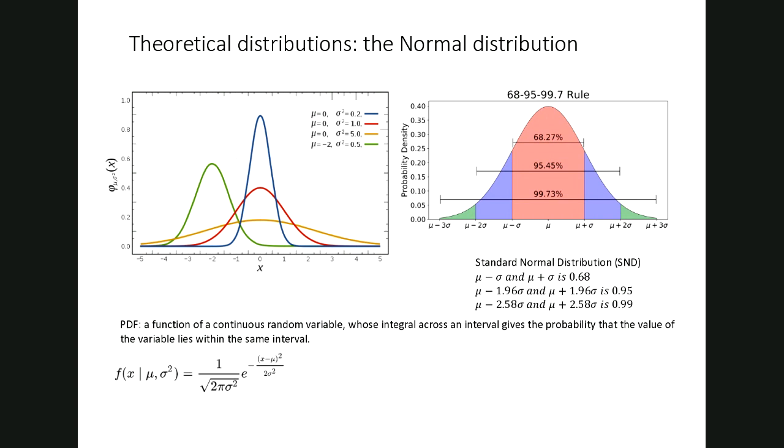If it is 1.96 standard deviations, that's 95% of the data, and that's how the distribution looks. So once we plot the data, that's how we try to understand the distribution of the data.